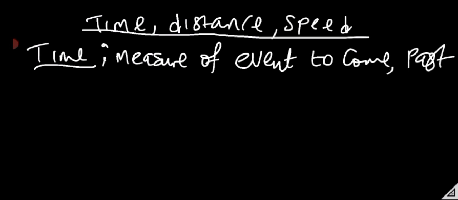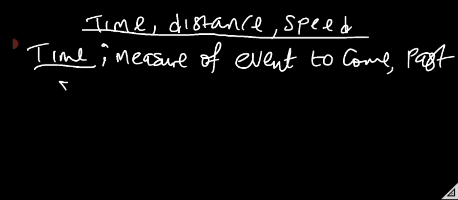If something is about to happen, we call it an event, and the measure of when it will happen is called time, right? The unit for time in physics is seconds.